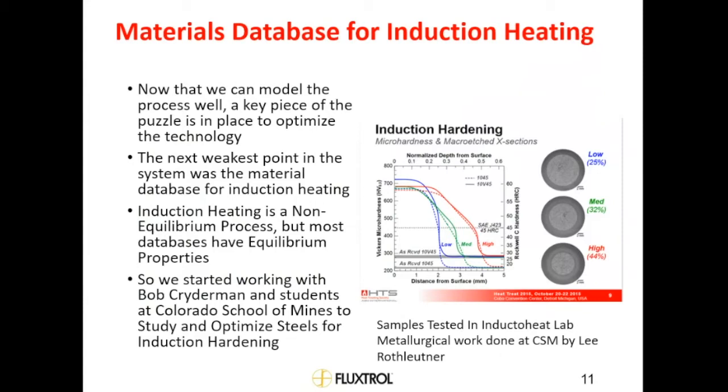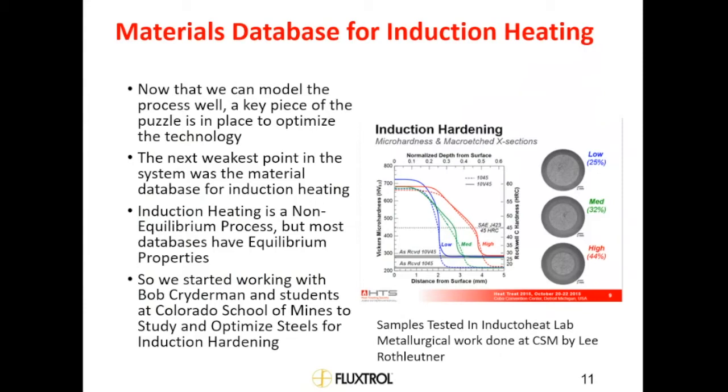And if you just test things over long times, we don't necessarily catch all of the interim transformations or interim structures that may form going from point A to point B in these very rapid cycles. And we're working to understand those better.